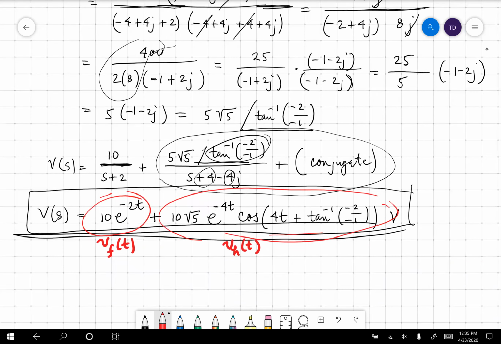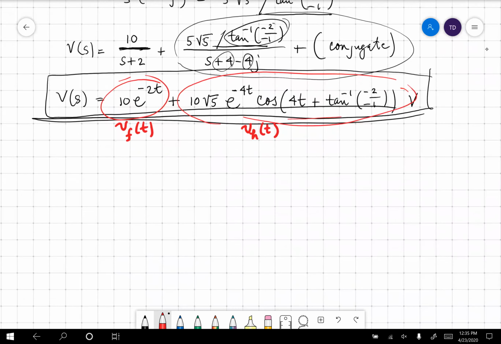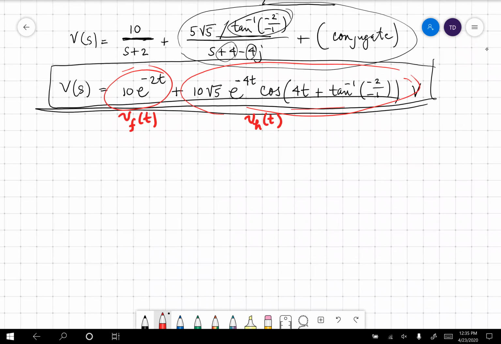Now watch what happens in our third case, because the third case, to me, is the most interesting. So in the third case, we have Vg is equal to 10 e to the minus 4t. And so that means Vg of S is equal to 10 divided by S plus 4.